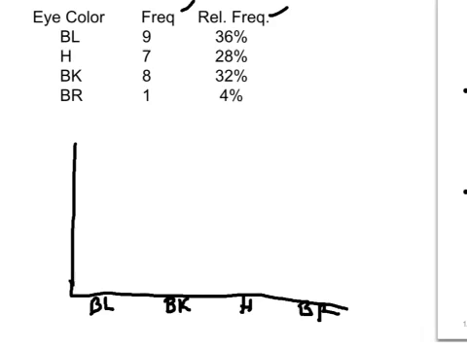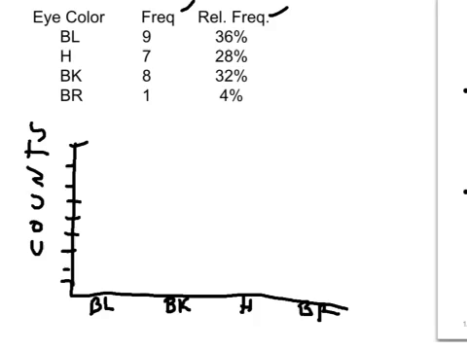And then over here, along the vertical axis, I'm going to put in the counts. And then we can go ahead and tick mark along the vertical axis 1, 2, 3, 4, 5, 6, 7, 8, 9.